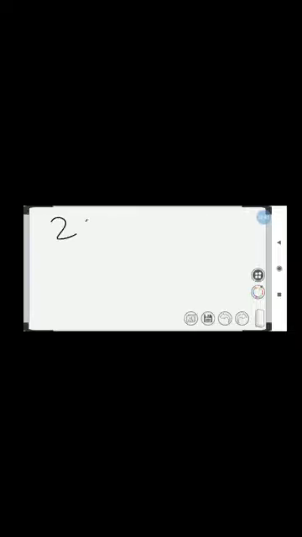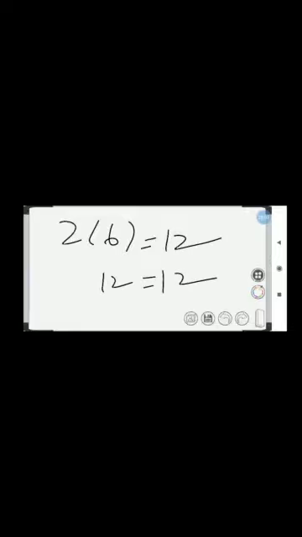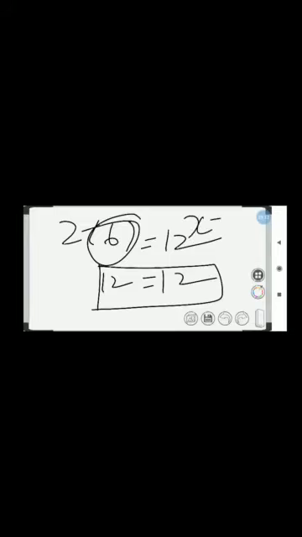Next, 2 into 5 is 10, not equal to 12. Next, 2 into 6 means 12, and here also 12. So it is equal, and the value of x should be 6. This is your answer.